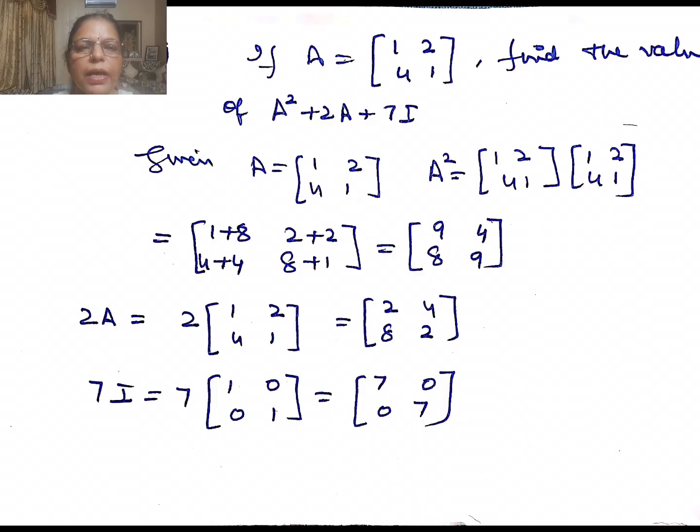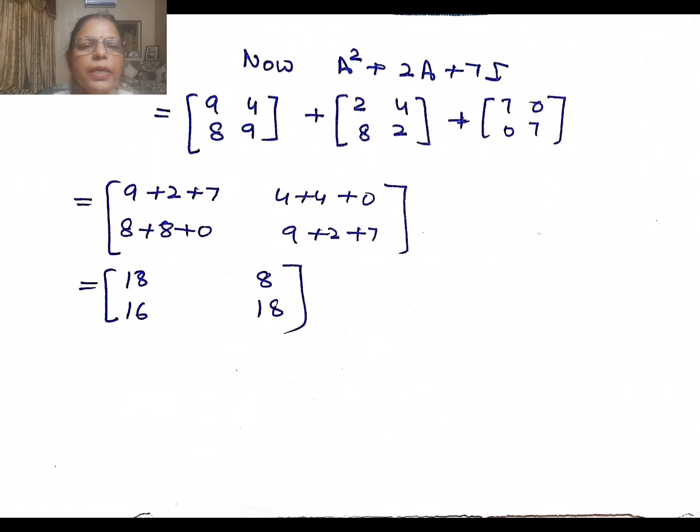Similarly, 7I is equal to 7 times [1 0; 0 1], that is [7 0; 0 7]. Now find the value of A square plus 2A plus 7I, that is [9 4; 8 9] plus [2 4; 8 2] plus [7 0; 0 7].